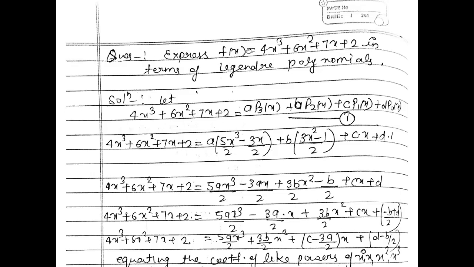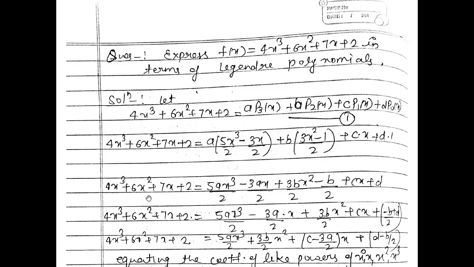In each and every question you will follow the same method. So a P3x value is 5x cube minus 3x upon 2, plus b P2x value 3x square minus 1 upon 2, c P1x value is x, and P0x value is 1. You can remember all these values or you can find the proof of these values.